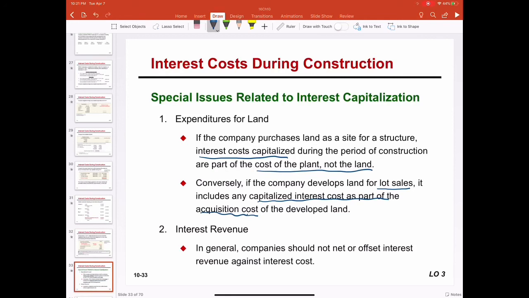From the prior example, we learned all the expenditures are not paid immediately beforehand. So some of the funds can generate interest revenue, but the interest revenue is not allowed to offset against the interest cost. In other words, interest revenue will not decrease the interest to be capitalized.